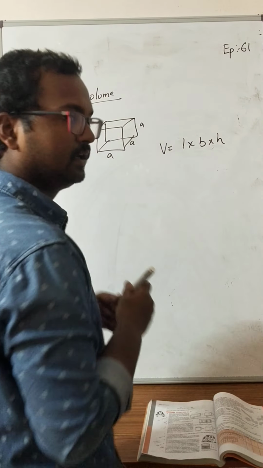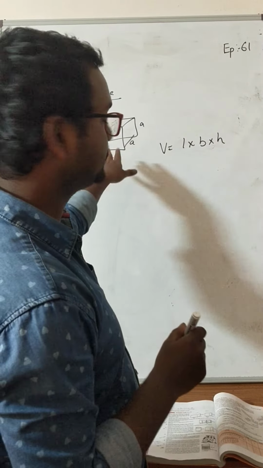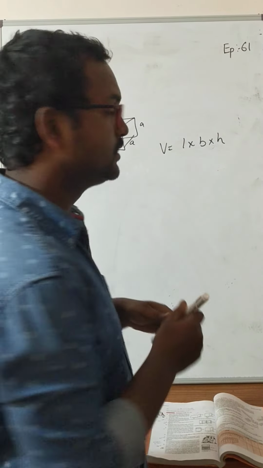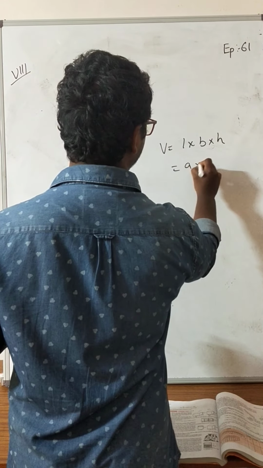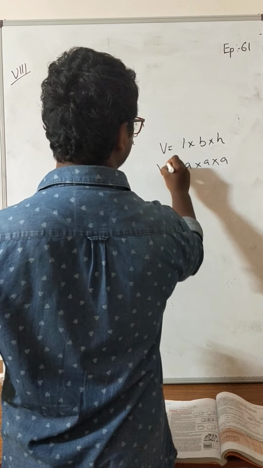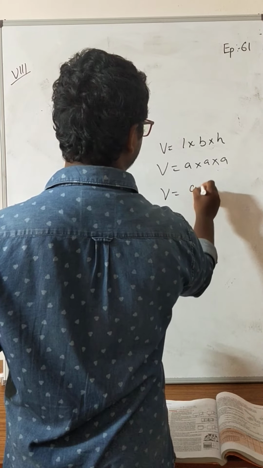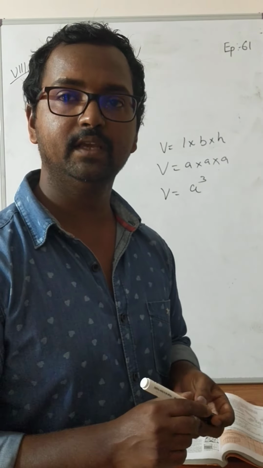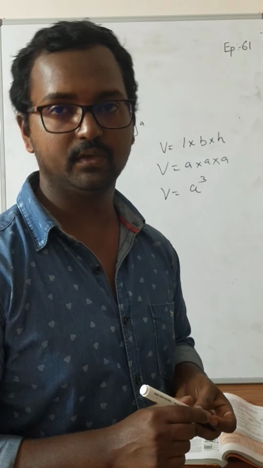But in this case, we do not have length, breadth and height. Here all the sides are equal. So let us put A into A into A, because all the sides are equal. So the volume of cube is A cube, or side cube. You can say it that way also.